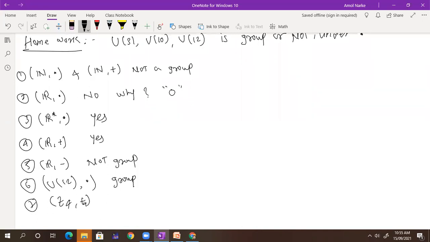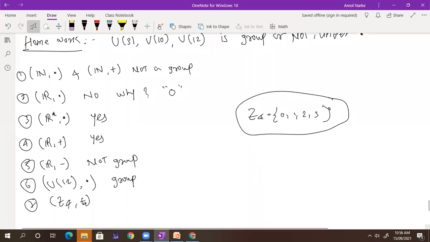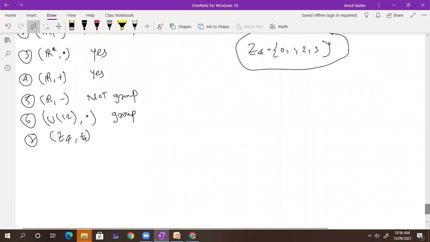It means when I talk about 5, 5 is nothing but again 0. Got it? This Z4 contains how many elements? 0, 1, 2, 3. Then 4 is again 0, and 5 is the remainder. With respect to plus, it is a group. So these are some examples.